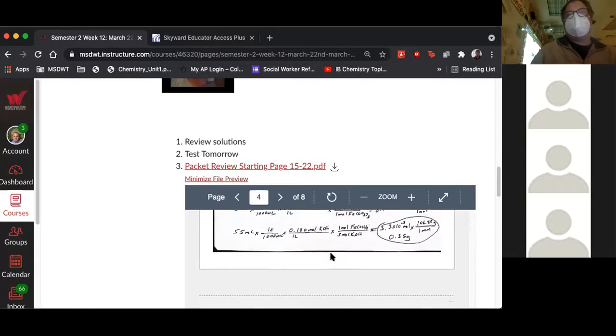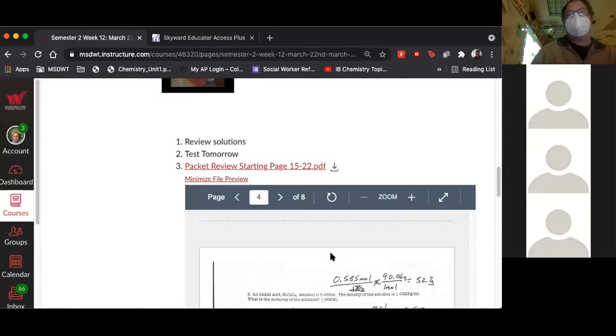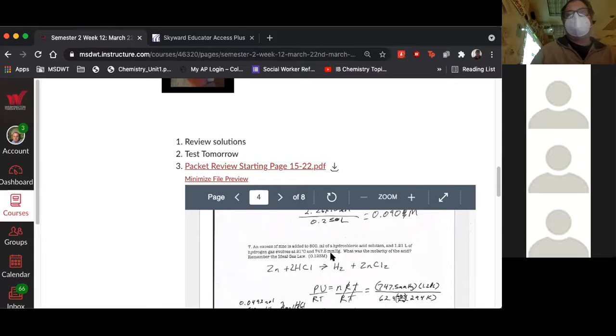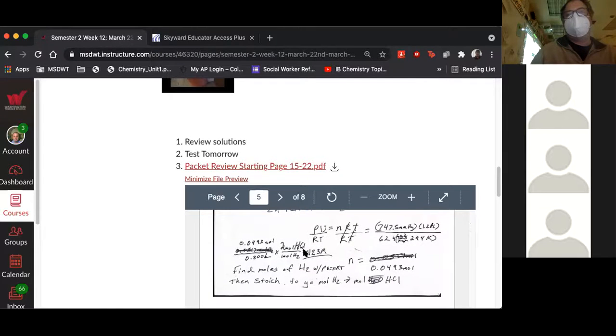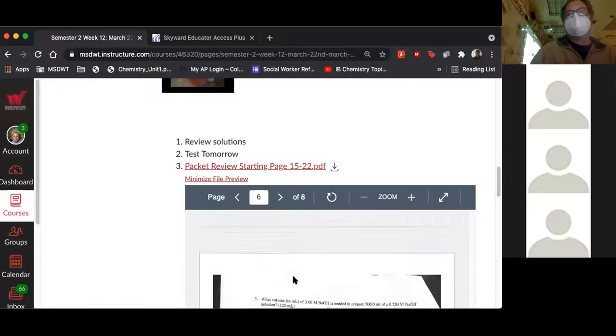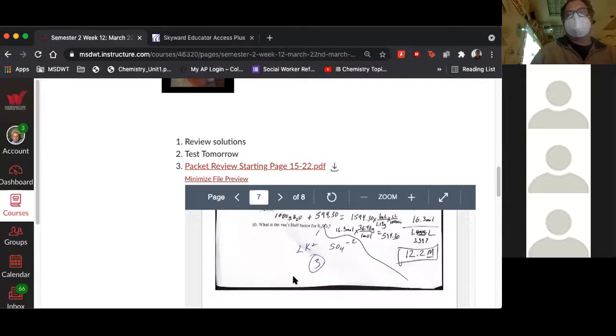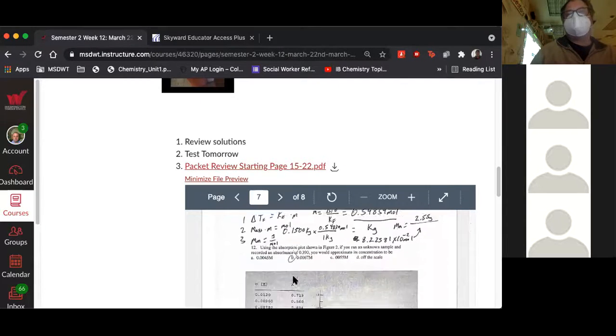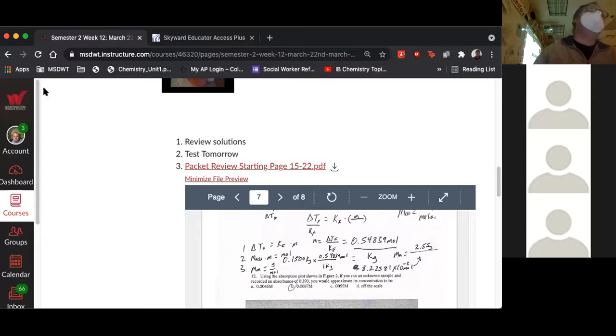To tell you the truth, that's probably how most people learn chemistry, by looking through problems like this that other people have done. I think that's the biggest way. It's the way we learned it in college as well.